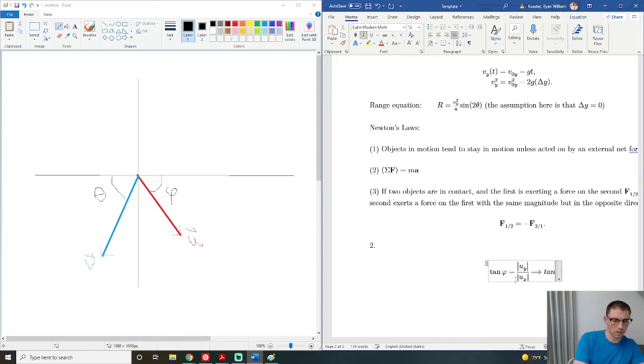So we could write that the arctan here is going to give us phi. Now, this will definitely get you the correct angle as we've drawn it, but remember that in the problem statement I asked for the angle with respect to the positive x direction.